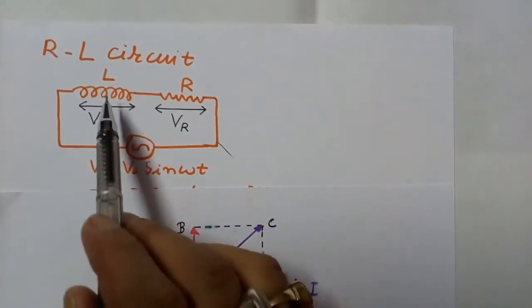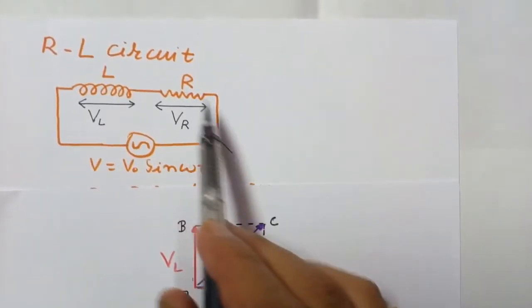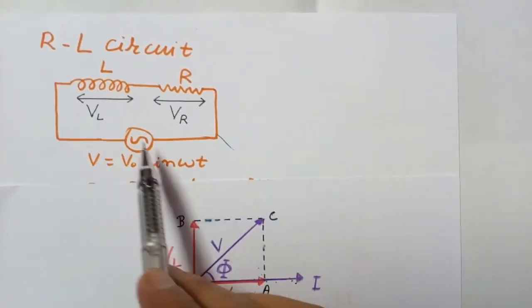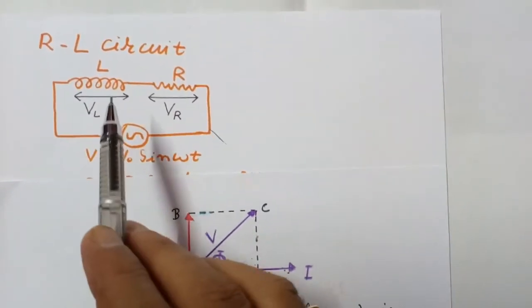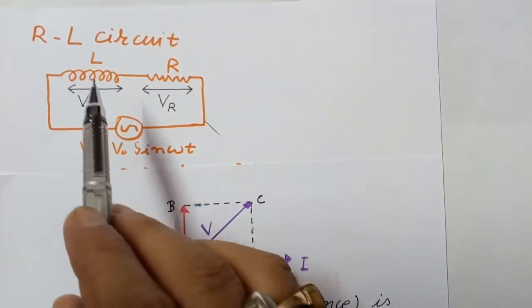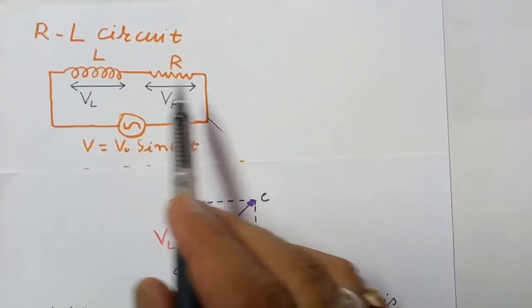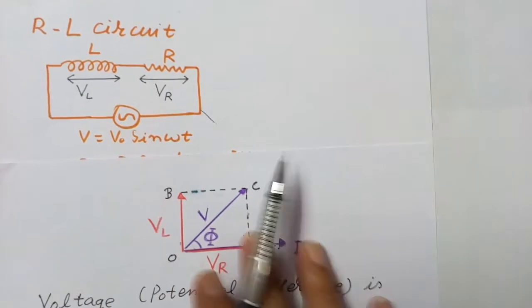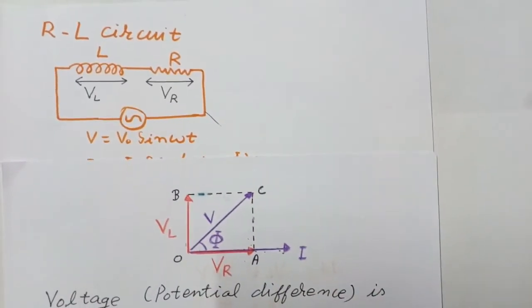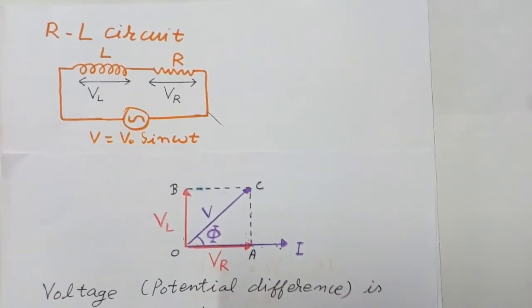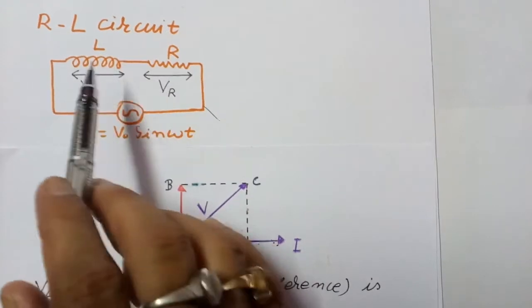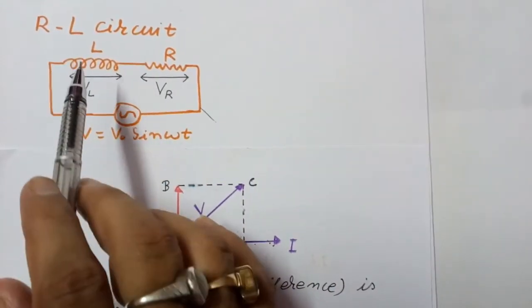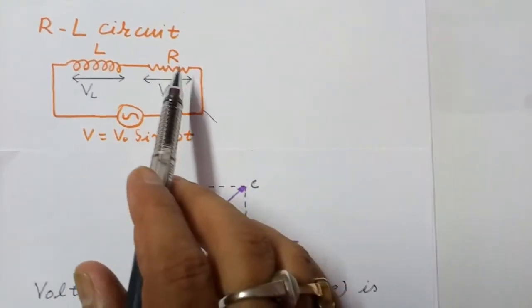Now if we connect an inductor and a resistance in series and connect it to an alternating current source, like this, since L and R are connected in series, current in inductor and in resistance will be same at any time, and is same in phase also.